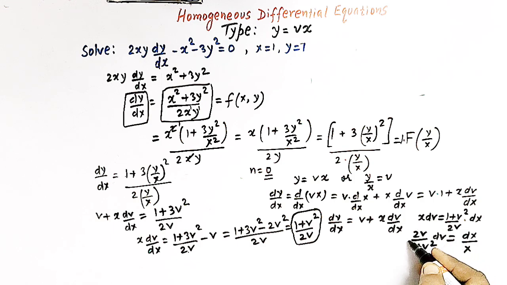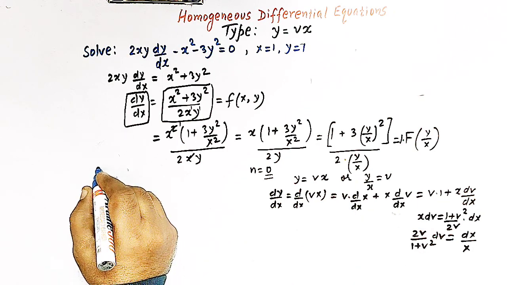So now in the left hand side we have the variable v, and in the right hand side we have the variable x. So now this is a variable separable form of differential equation. So let us now integrate both sides.